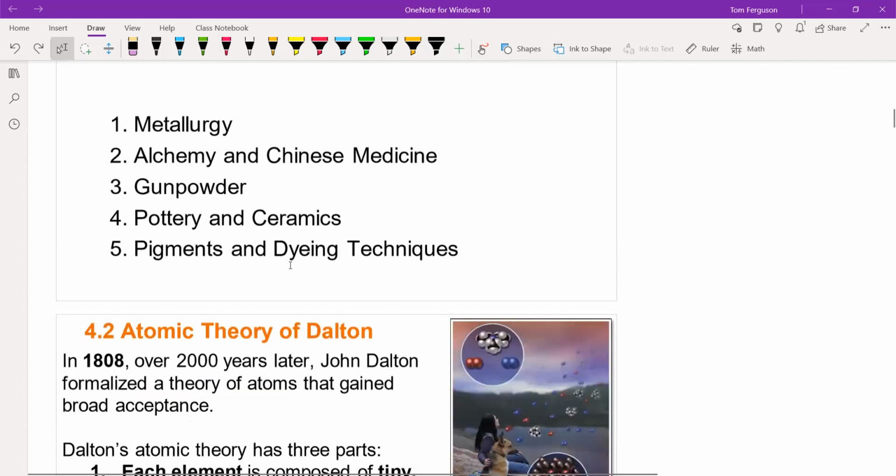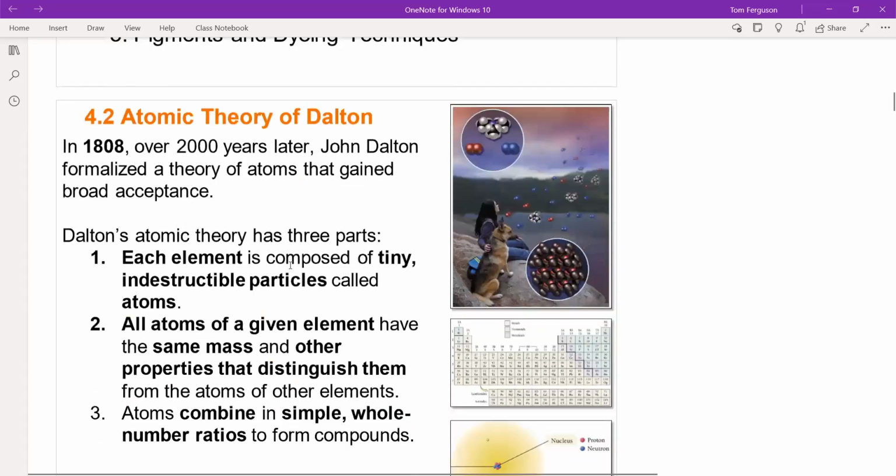Okay, the first European guy to put together a solid theory was Dalton. He believed in the idea of Democritus, and didn't believe in Aristotle's perspective of matter.